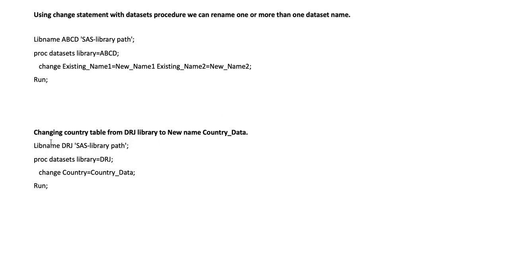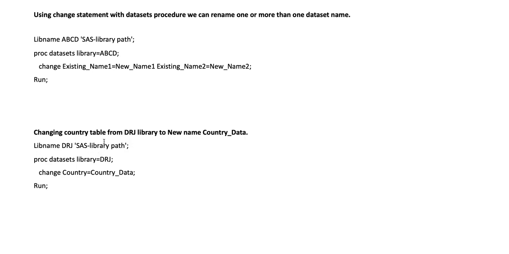A sample code is given here. This is the real code I'm going to run in the SAS window. In this code, it will change the country table from the drj library to the new name country underscore data. Libname is drj.